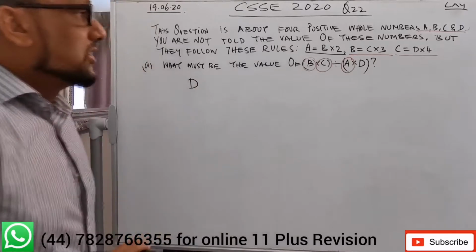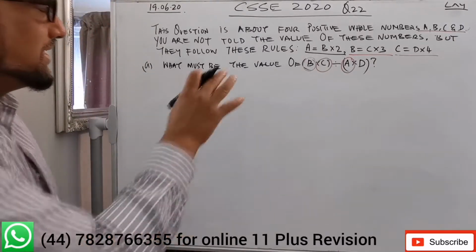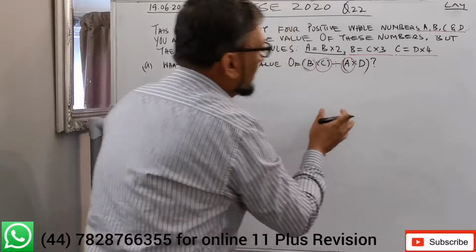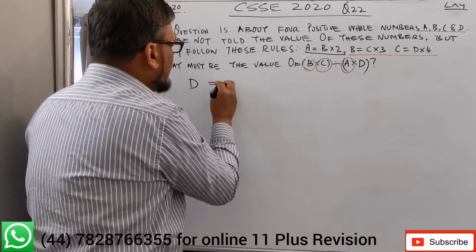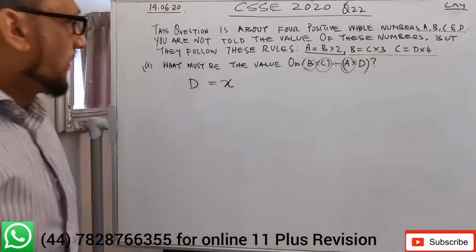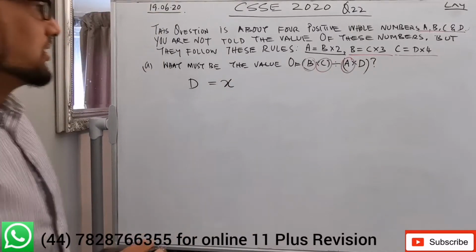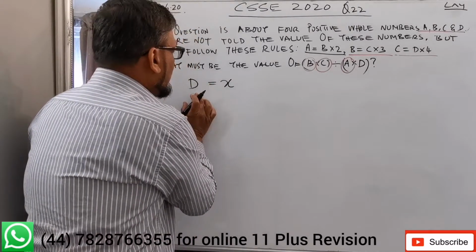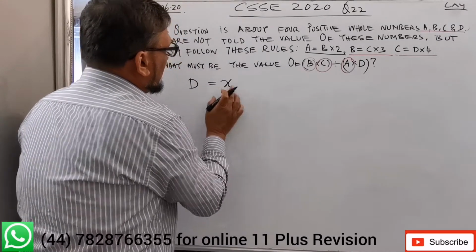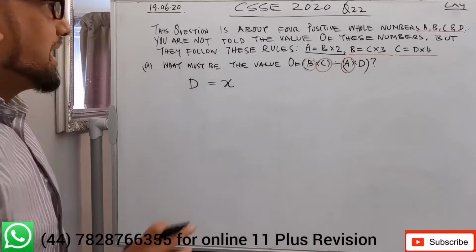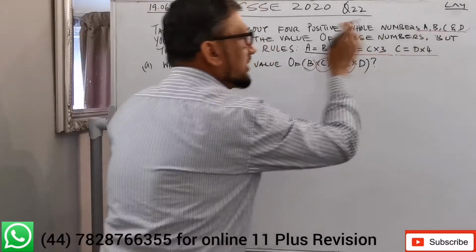So I'm going to start with D. If I assume D is an unknown number which we don't know, I can write D equal to X. So D, a number which is unknown, is represented by X. Now I'm going to do a backward calculation.